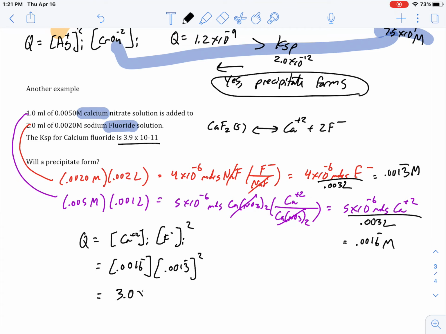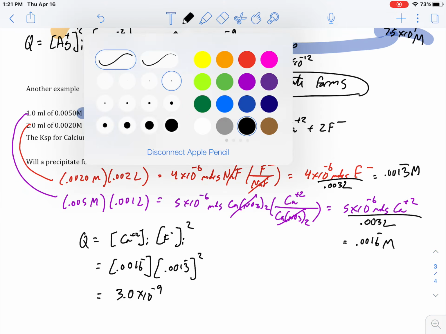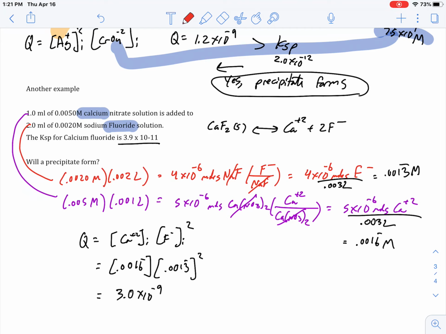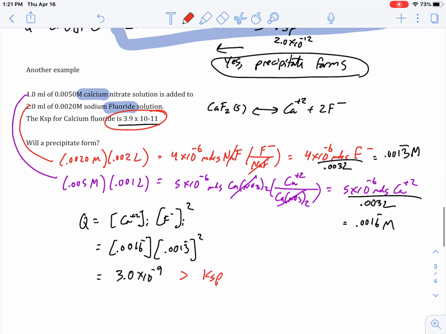Q is 3.0 times 10 to the negative 9th, which is greater than KSP, because here's KSP. So this reaction goes backwards, and yes, a precipitate forms.